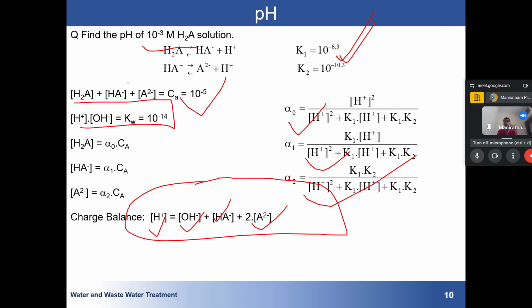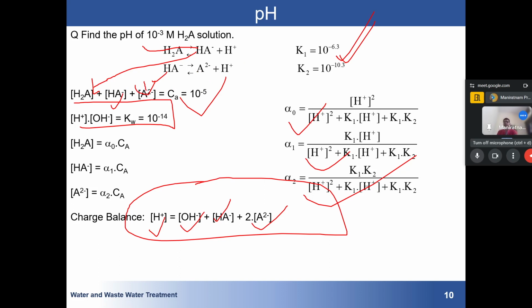So how can you do this? This H2A can be written in the form of HA minus plus H plus, so you can substitute that here, and this HA minus will be as it is. And with the help of this equation you can substitute this A2 minus in the form of HA minus and H plus. Okay, there is no need to write A2 minus again in that form, but you can, it doesn't matter.